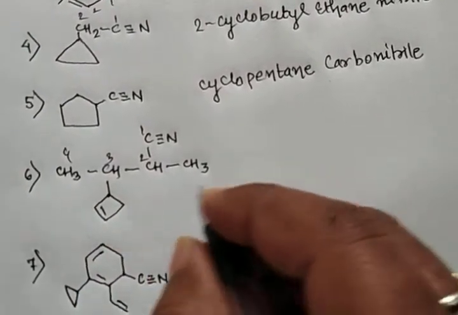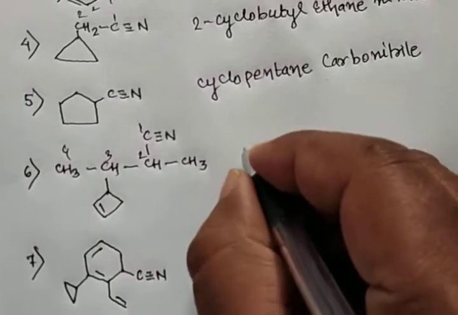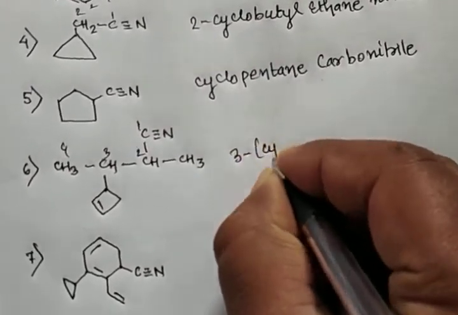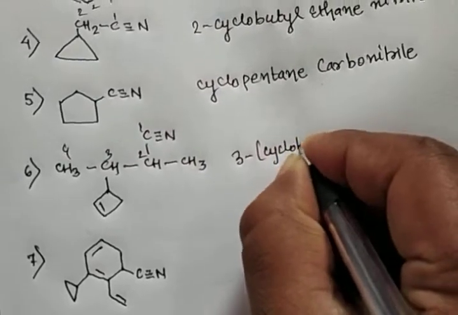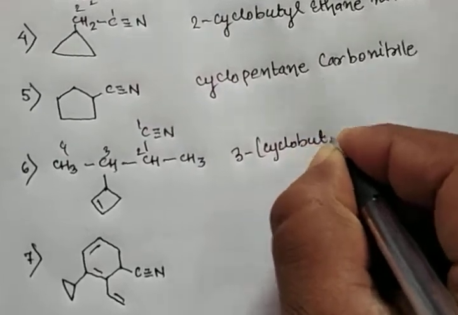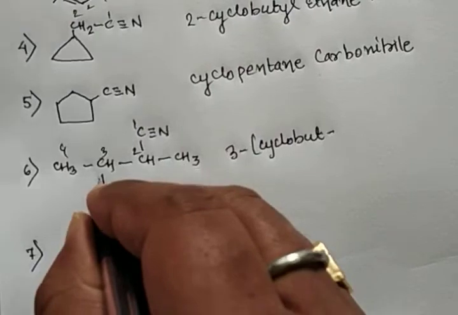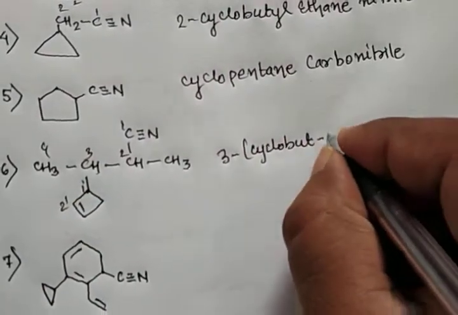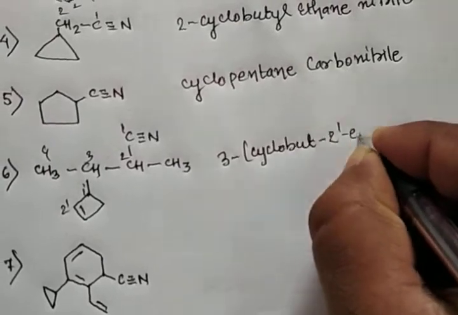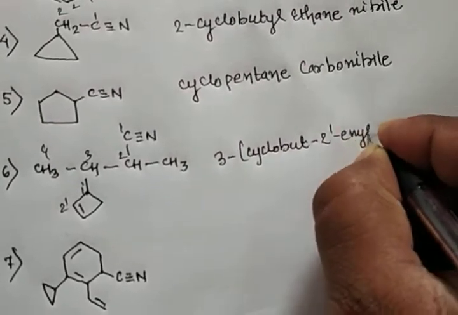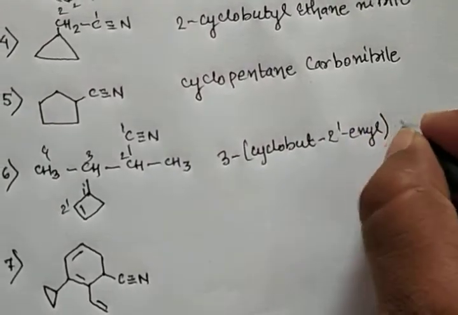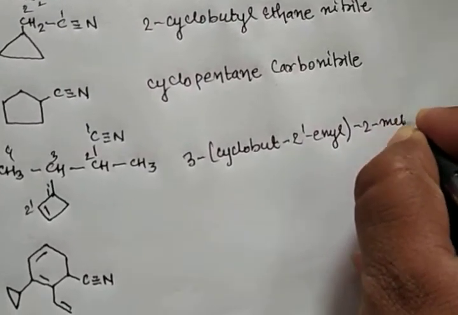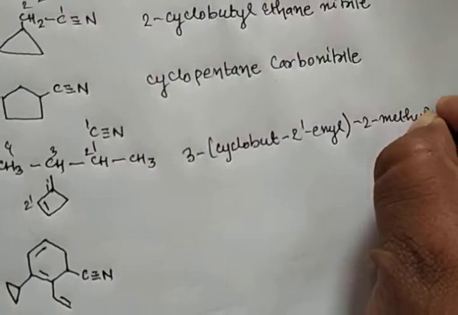First you consider alphabetical arrangement. So there is 3-cyclobut, 1-dash, 2-dash, 2-enyl, bracket close. Then after that the methyl group, 2-methyl.